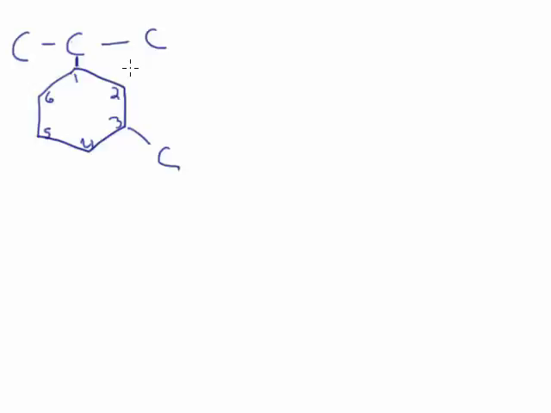For this branch, you could say it was ethane with a methyl off of it, or you can say that this is isopropyl because it's a propyl chain that's connected in the middle. So it would become 1 isopropyl, 3 methyl, for this part, cyclohexane.